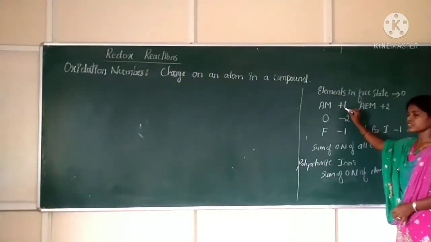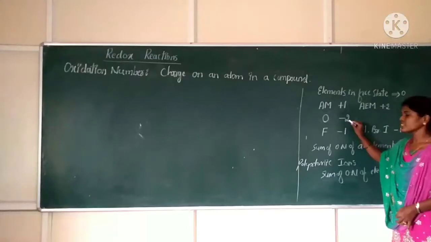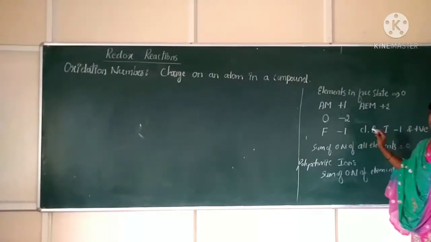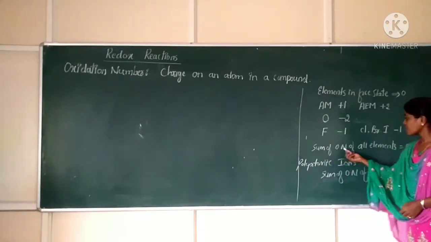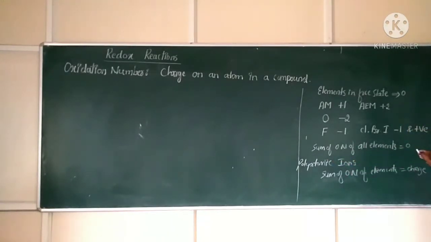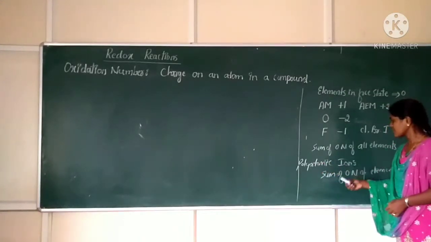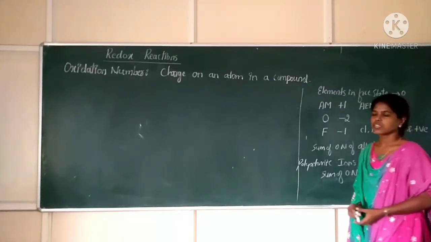Elements in free state have oxidation number 0. Alkali metals have +1. Alkaline earth metals have +2. Oxygen in most compounds is -2. Fluorine has -1, whereas the other halogens, chlorine, bromine and iodine, have -1 as well as positive oxidation states. The sum of oxidation numbers of all elements must be 0, but for polyatomic ions it must equal the charge of the ion.